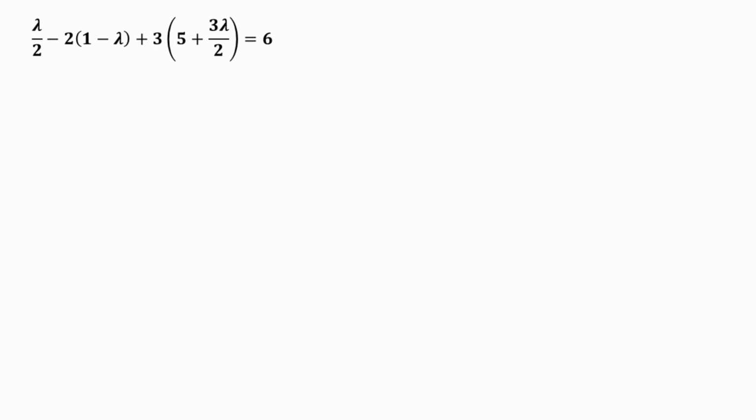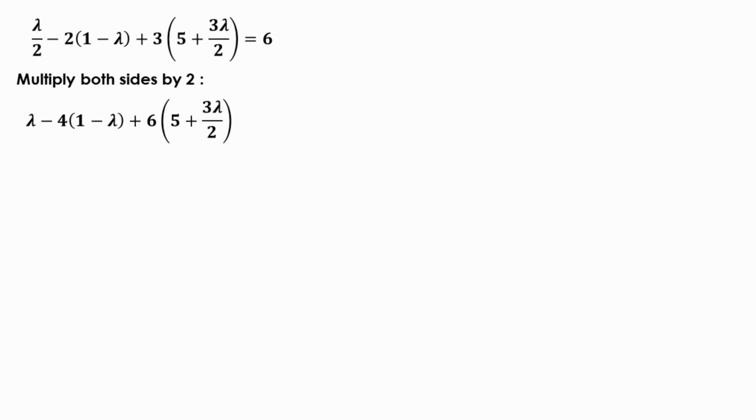Now let's find our lambda. Let's multiply both sides by 2 to eliminate the fraction. After multiplying both sides by 2, we have lambda minus 4 times 1 minus lambda plus 6 times 5 plus lambda over 2.